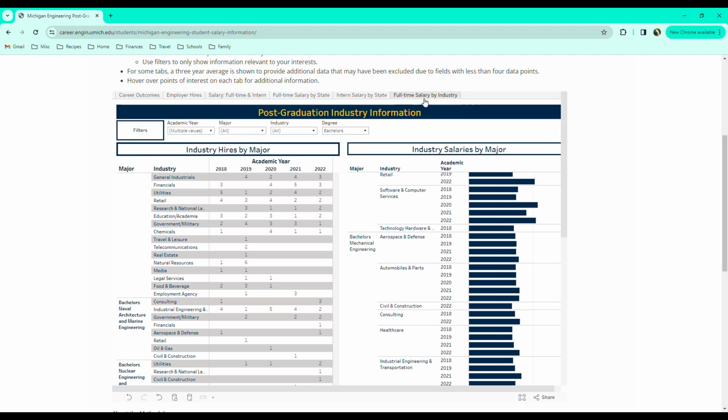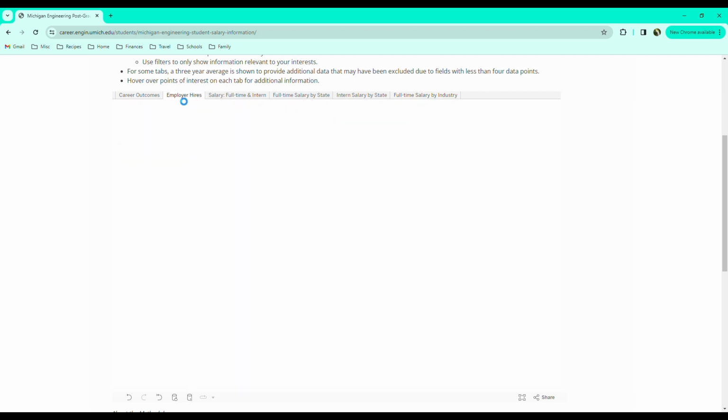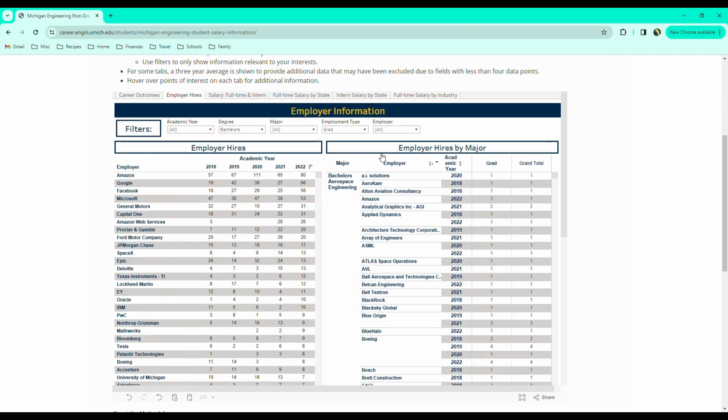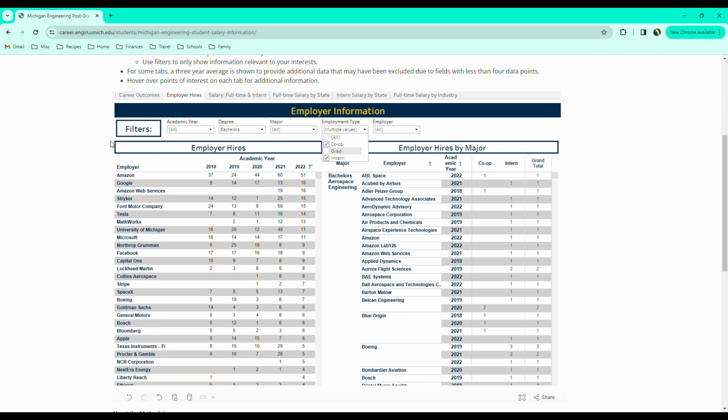Okay, so we've reached the end of the graduate information. I'm going to go back and focus on the interns and co-ops. So we're going to just do some filters here and look at what kind of experiences students get while they're in school. So again, some of the same companies are appearing and some have dropped off significantly, some have moved up.